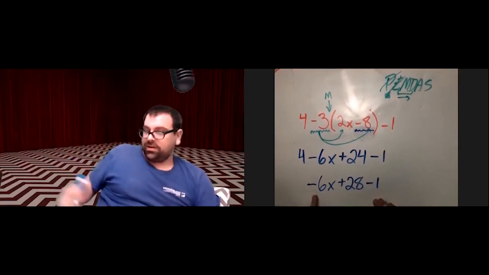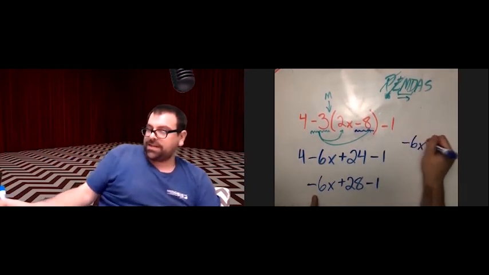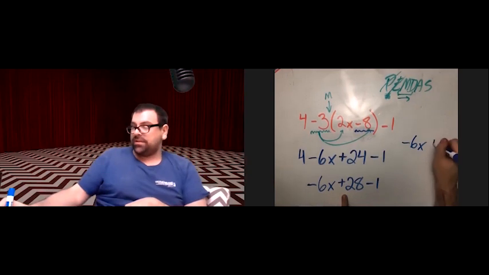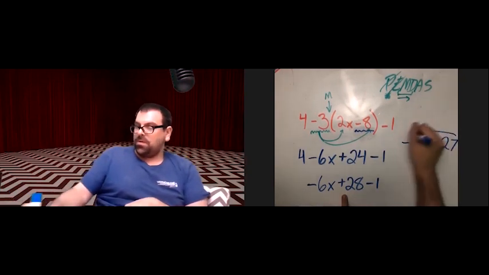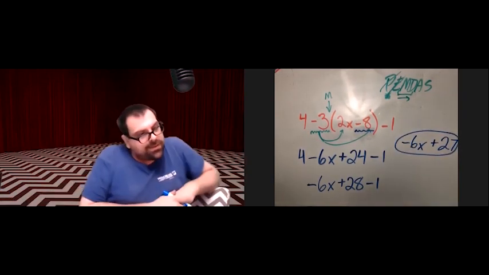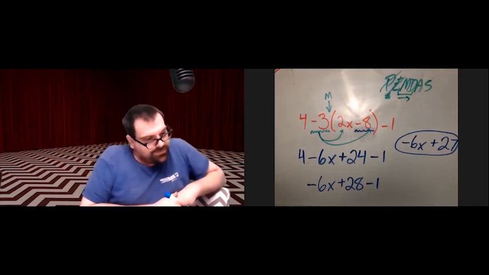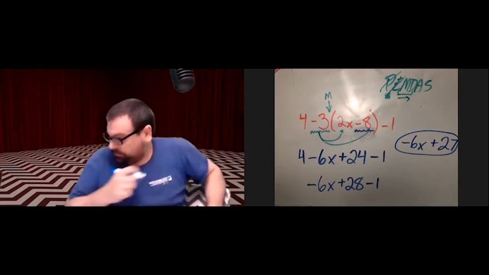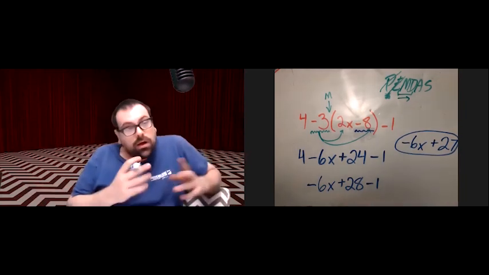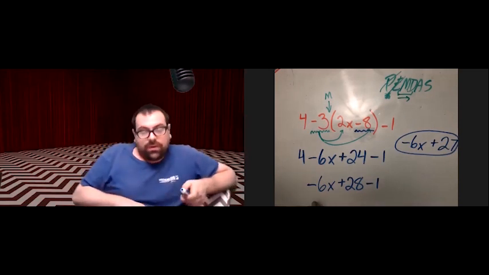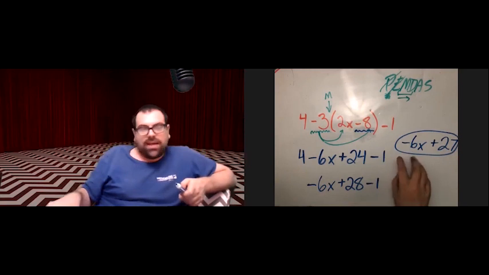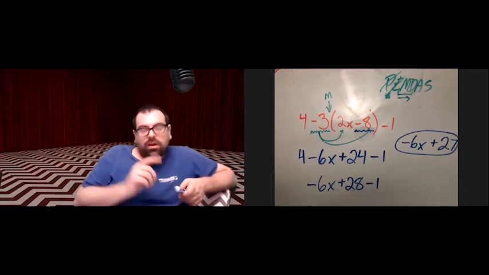Finishing this off, again, keep the -6x. Positive 28 minus 1, that would be positive 27. So -6x plus 27. Question you might have right now. The -6x, do the x's have to come first? Good question.